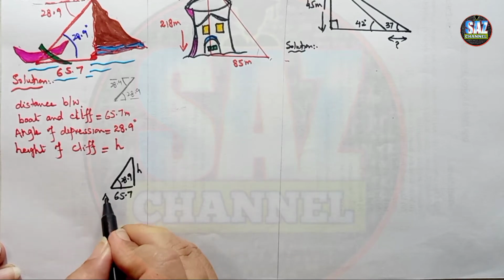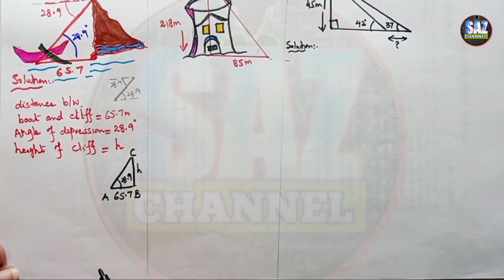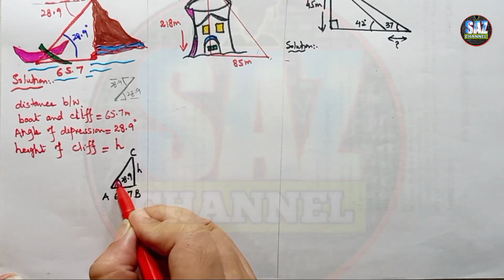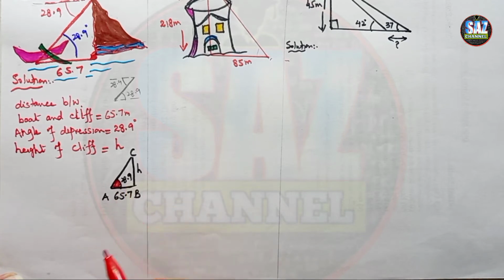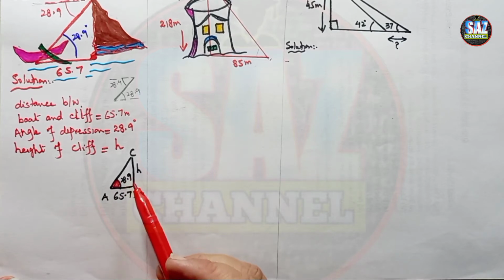Let me mark some vertices as well, A, B and C. Now we have to decide, with reference to this given acute angle 28.9, what is the relationship of h and 65.7 with this angle, and which trigonometric ratio we can apply here.